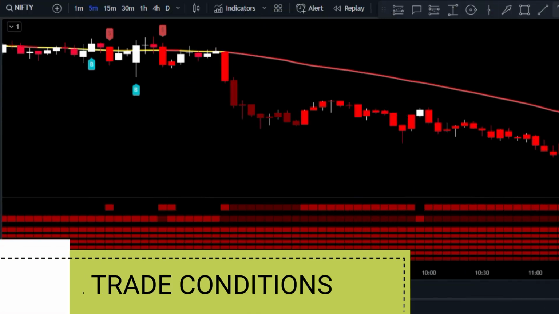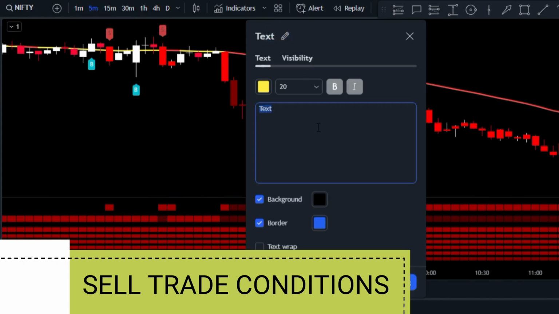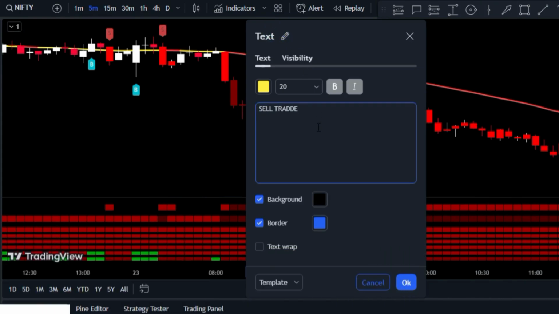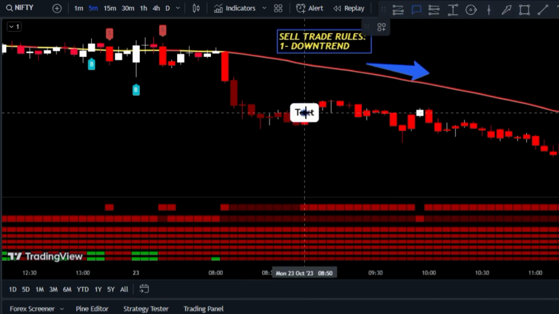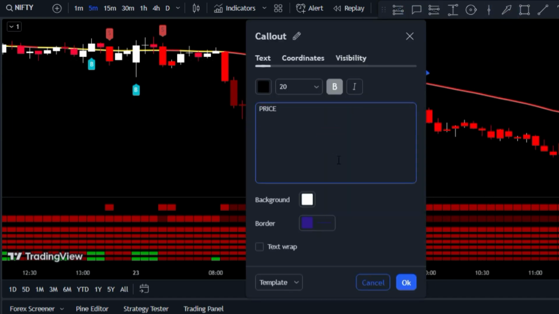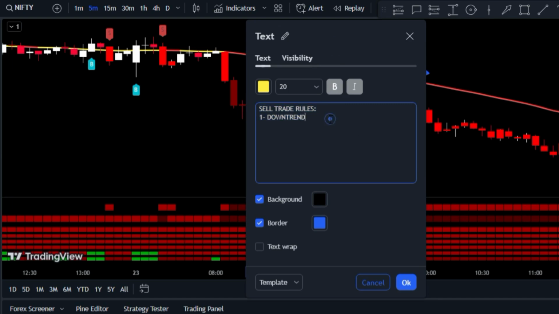And for a short trade, initially confirm that the trend is downward. Next, an S signal should be visible above a candle, and the candle should be positioned below the swing trade signal indicator line.